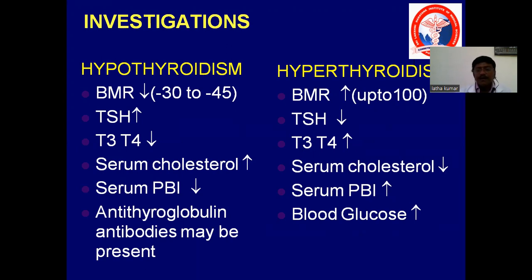Hyperthyroidism: BMR increases up to 100, TSH decreases, T3, T4 increase, cholesterol level in serum and serum PBI decrease, and blood glucose increases.